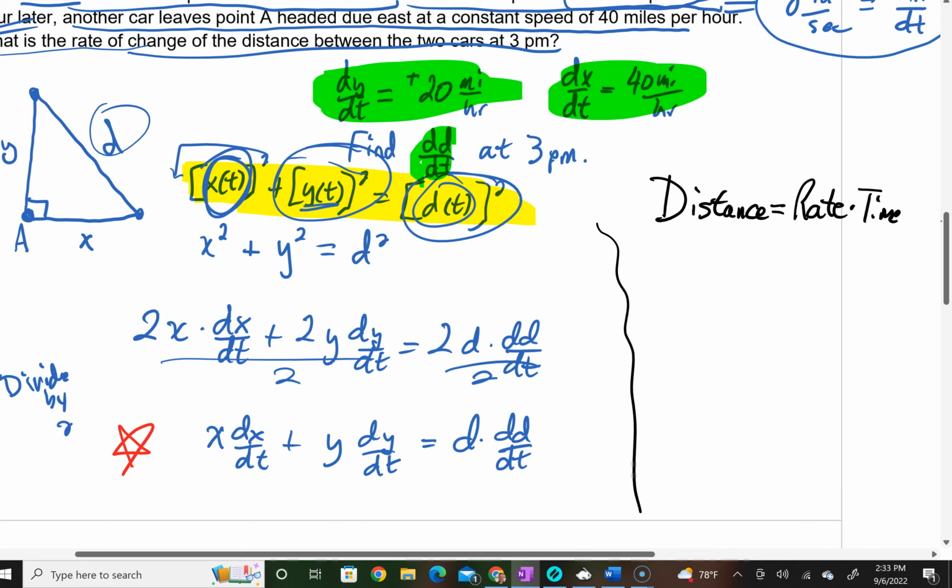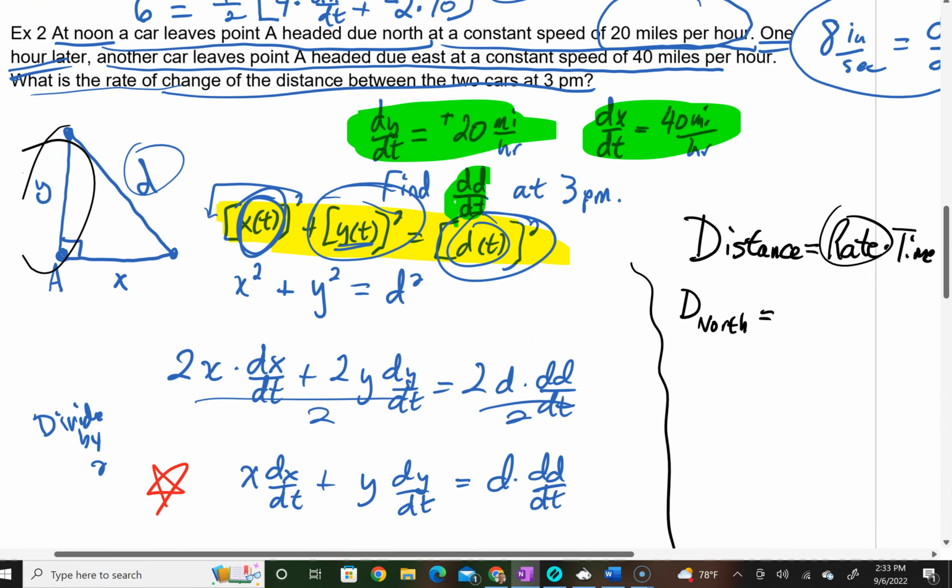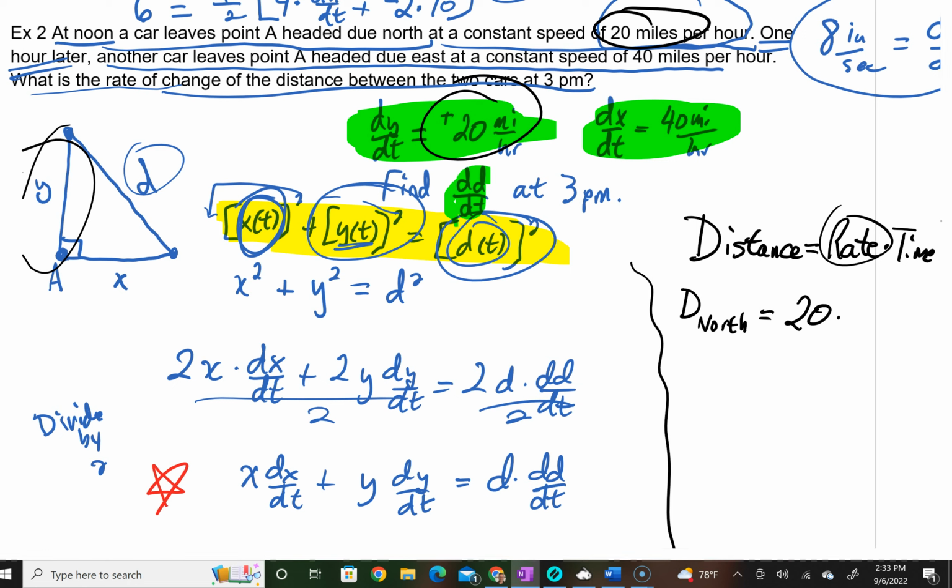You can think, well, how does that come into play? Well, let's take a look at the distance north. Let's just take a look at your distance going north. How fast was that car going north? Well, they're going at a constant speed of 20. How many hours were they driving?